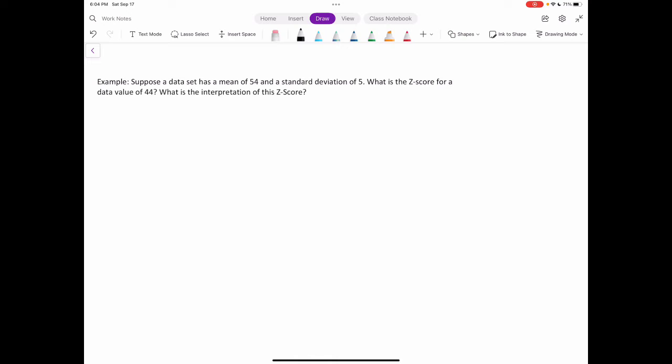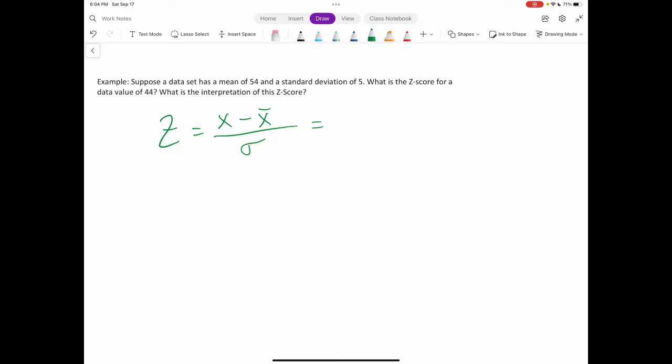Okay, so what I want to do here is copy down the z-score formula. We said it was z equals our data value, which is x, minus our mean, which is x bar, divided by the standard deviation. Remember, that's the Greek letter sigma, which means standard deviation.